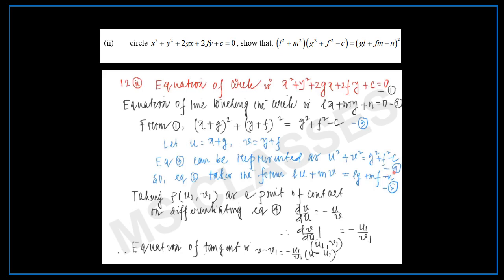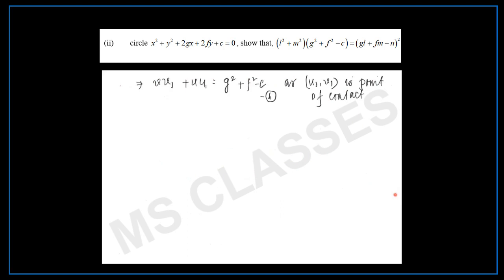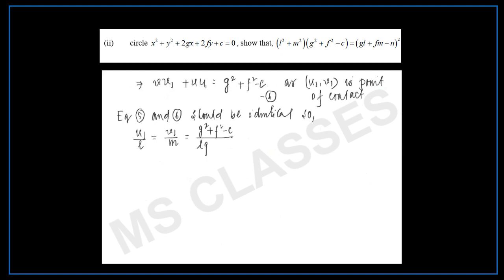Now that tangent and this line should be identical. That is, equation 6 and equation 5 should be identical. So u1 by L equal to v1 by m equal to g square plus f square minus c whole divided by lg plus mf minus n.